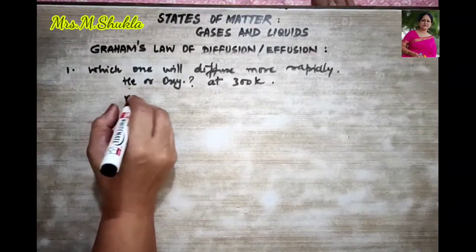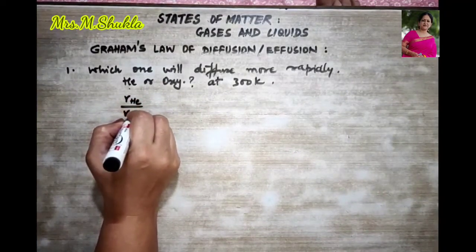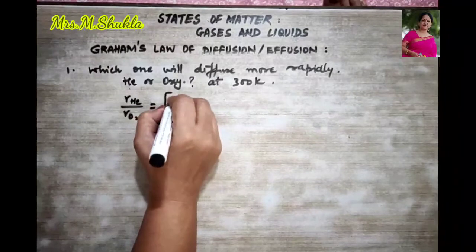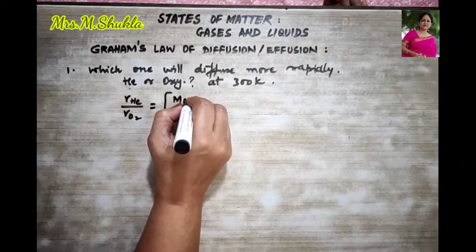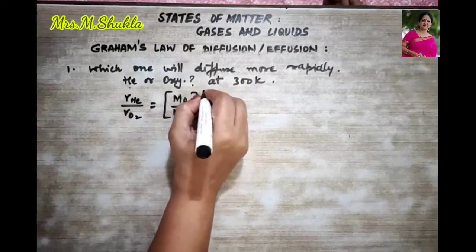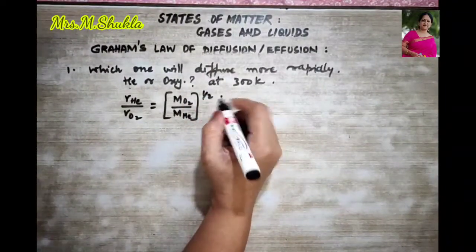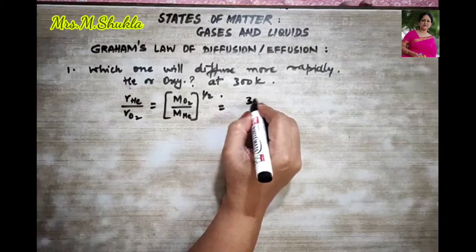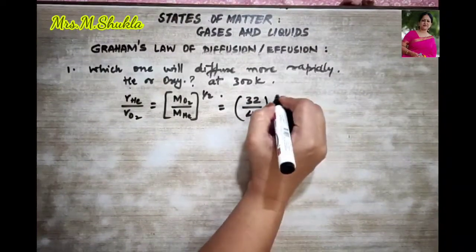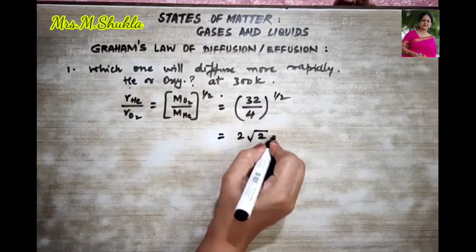So the rate of diffusion for helium upon the rate of diffusion for oxygen will be equal to what? The molecular mass of oxygen gas upon the molecular mass of helium gas, square root, if you remember. So this will be equal to oxygen is 32 upon helium is 4, to the power 1 by 2. So this will be equal to 2 under root 2.